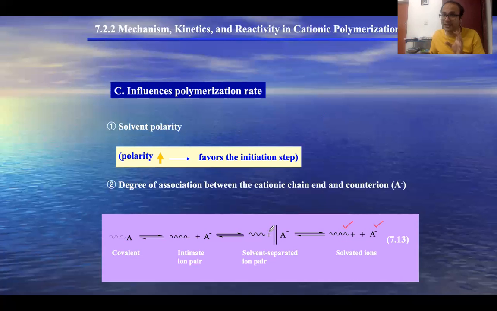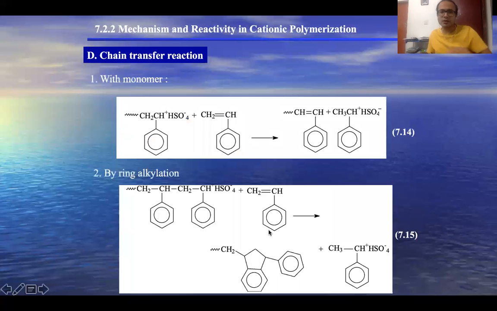Every time you do any reaction, the rate is very important: how fast you are getting product, how much you are getting. So understanding the mechanism is very important in every reaction that you come across in organic chemistry.